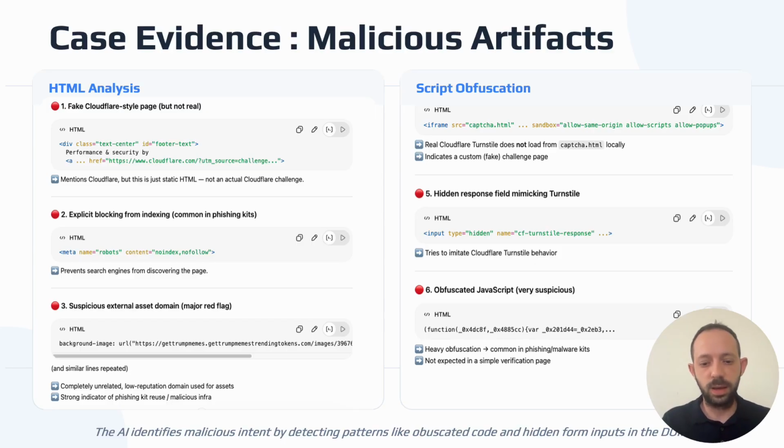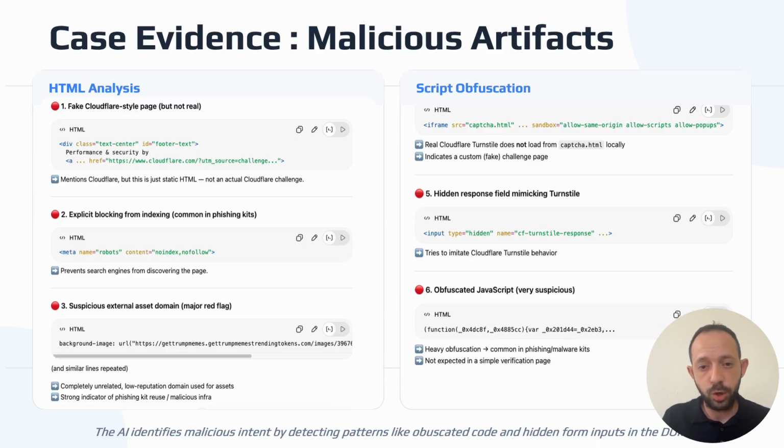So basically in that local file, there is the real fake captcha, or the real implementation of the captcha. And this is what got me and the AI to the conclusion that this is a fake captcha. Basically this artifact alone is enough to flag this domain as malicious.